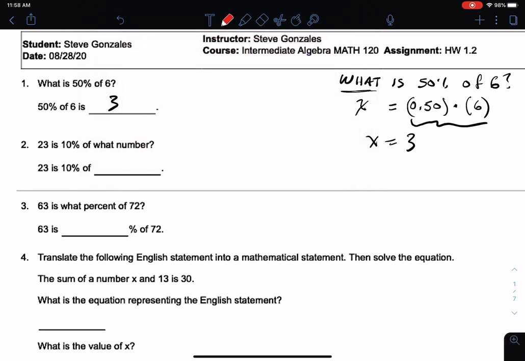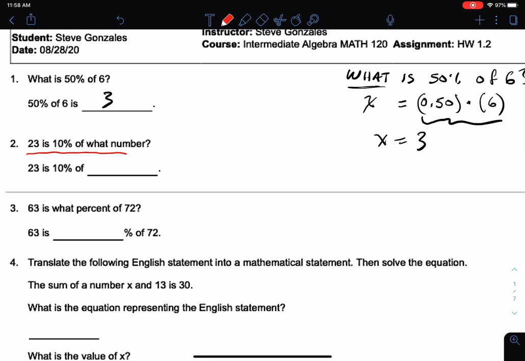The next problem would be a tougher one if you didn't have some systematic way of doing it, because it says 23 is 10% of what number? A number we don't know. And so that makes the problem much tougher. Let me rewrite this one so I can do the same kind of thing and translate. So this one says 23 is 10% of what number?